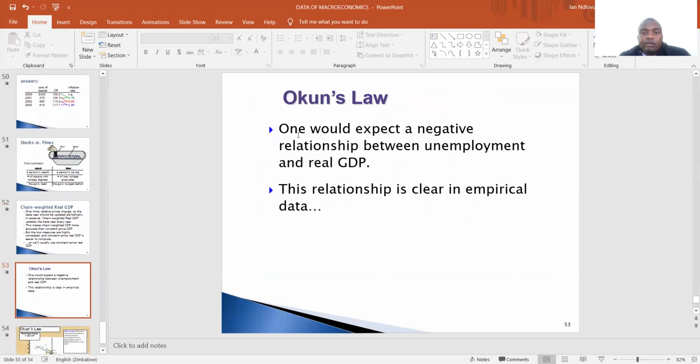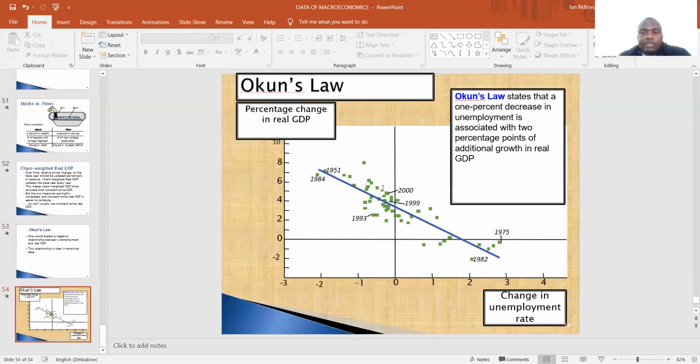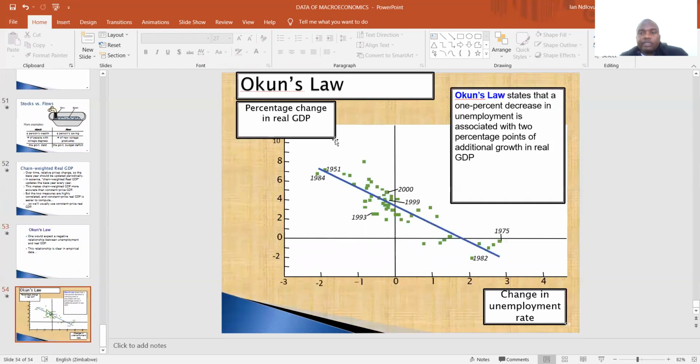What is Okun's law? Okun's law simply looks at the relationship between unemployment and GDP. One would expect an inverse relationship or negative relationship between unemployment and real GDP. This relationship is clear in terms of empirical evidence.